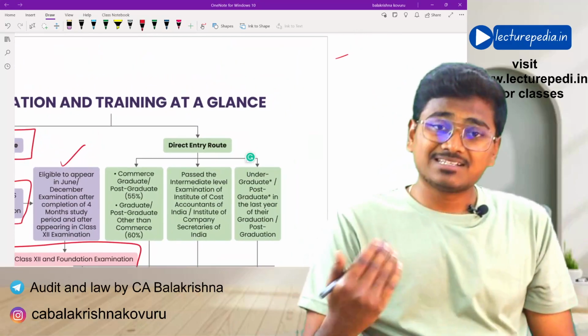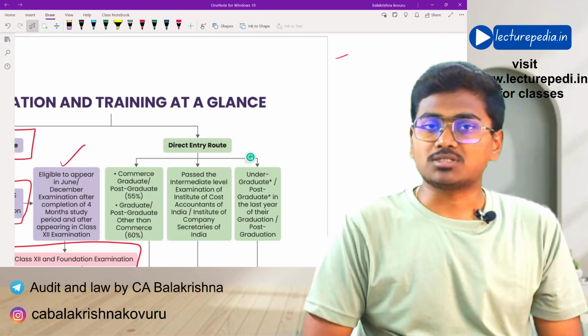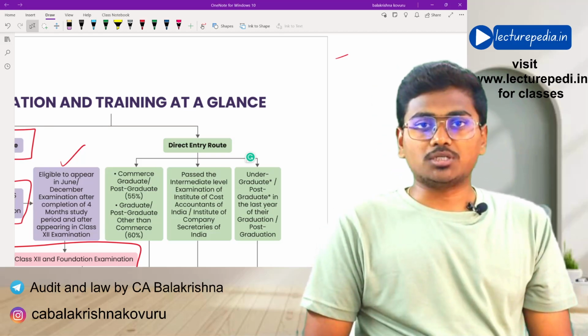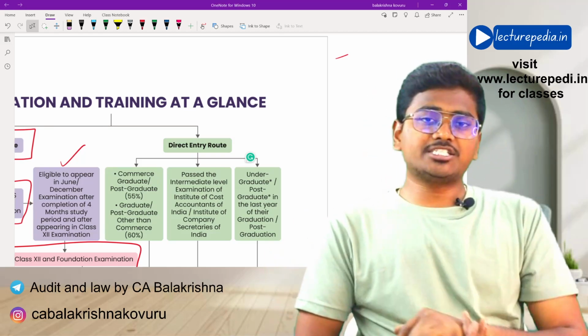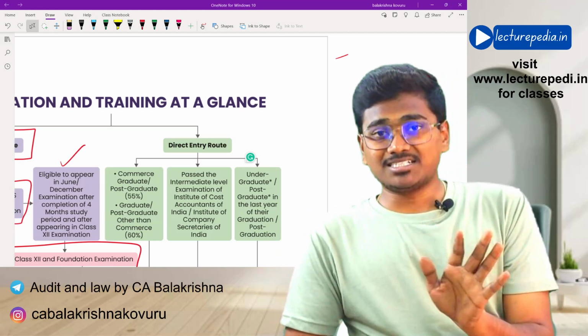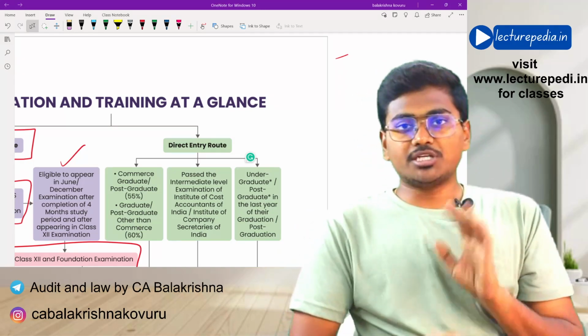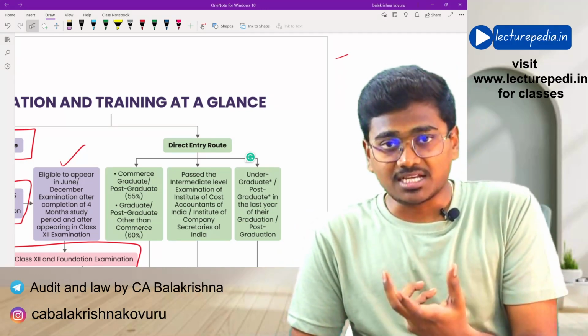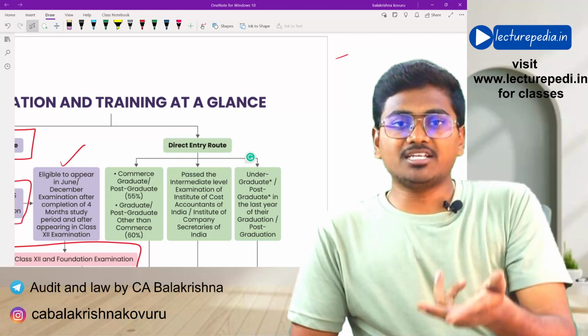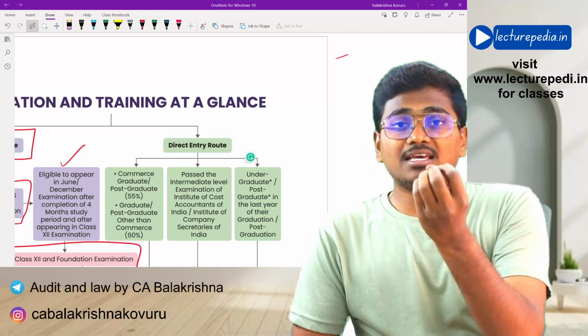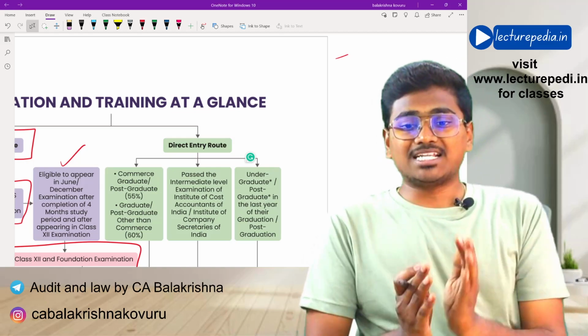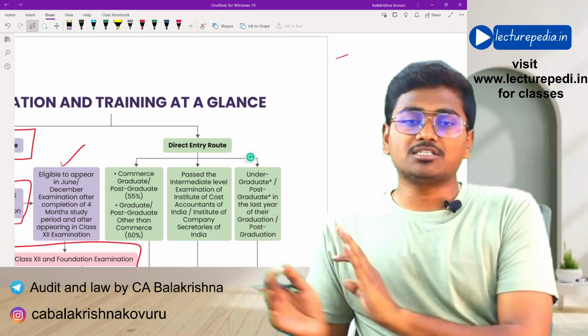Now the second route to enter into the CA course is the direct entry route. Under this route, you need not write the foundation examination. Without writing it, you can directly appear for the CA inter examinations. That is why this is called the direct entry route.